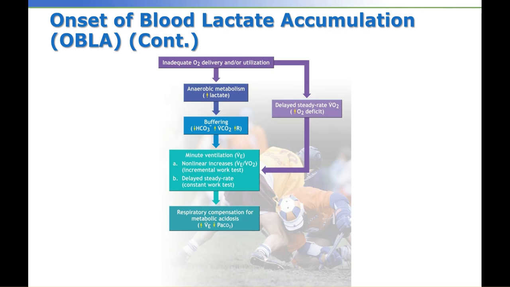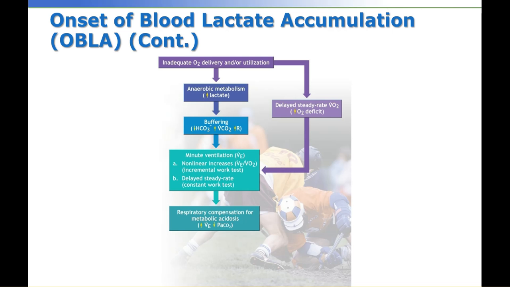So you have inadequate oxygen delivery or utilization. Then from the anaerobic metabolism, you have increased lactate and the buffering by sodium bicarbonate, things like that. Or you have the delayed steady rate of VO2, okay?